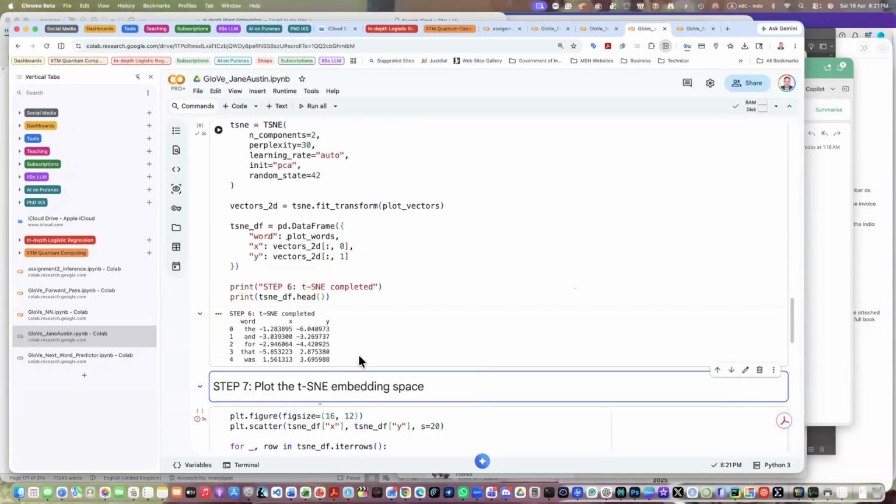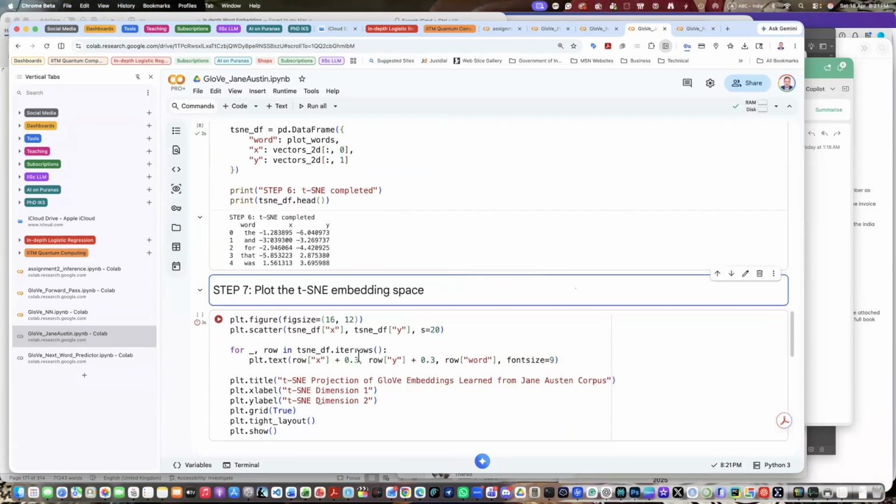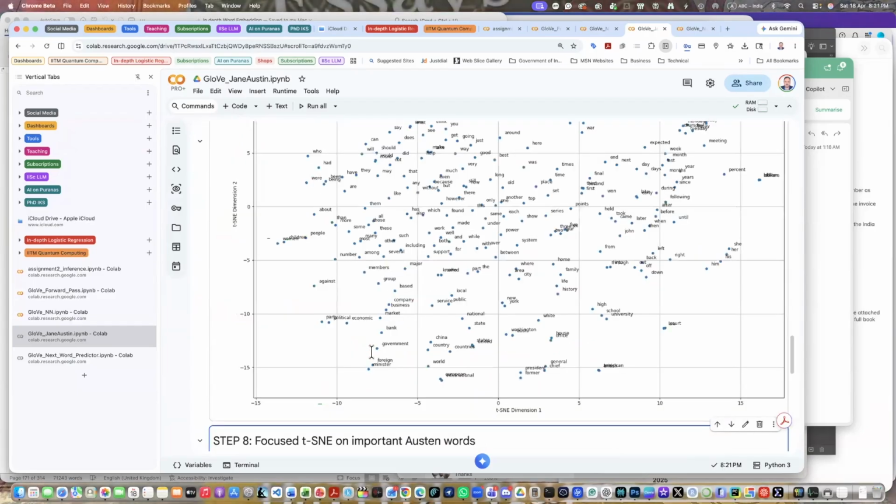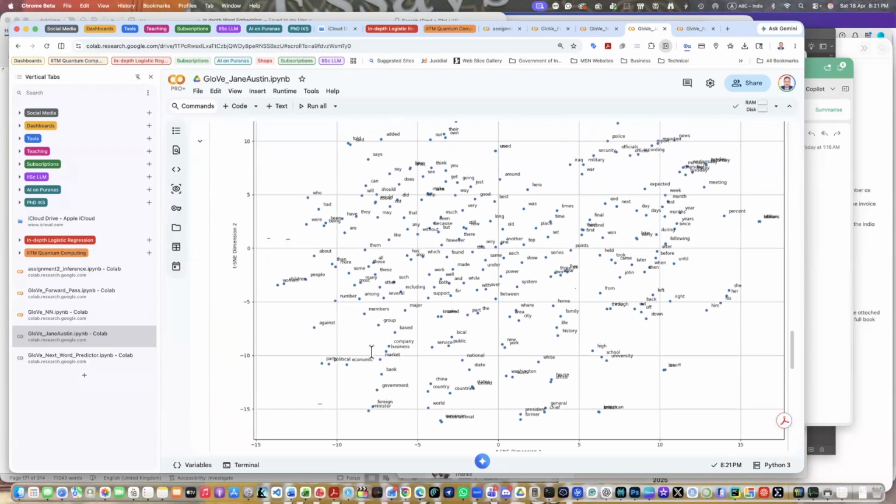If I plot it, now look at these word clusters. Like China, countries, states are together, national, state are together, right? And if you look at things like him, his, her, she, these are together. So it is able to understand the language to a fairly good extent. Don't you think so?